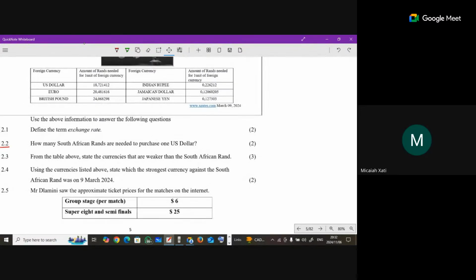Okay. Now utheni apha ku 2.2. Value of the value of a country's currency compared to other countries' currencies. Yes. Okay. So mase ku 2.2.